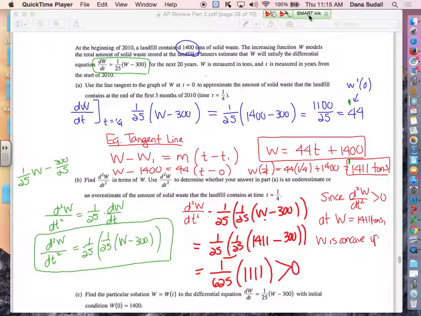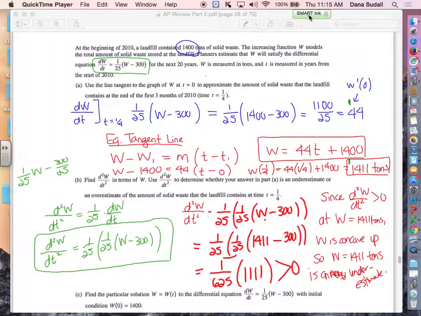So W would be concave up since that derivative is positive. So what's our value? It is an underestimate. All right, so just determining that concavity there makes it an underestimate.